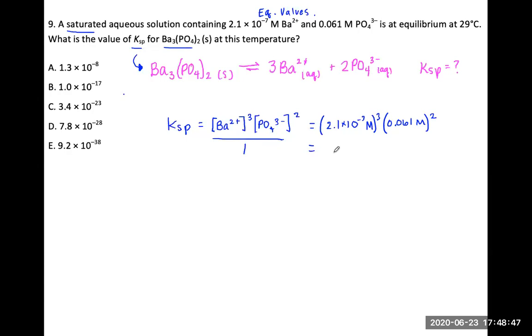So you want to be careful when you plug this in to get your order of operations in there carefully. And the number that you get out when you plug this in is 3.45 times 10 negative 23rd, which then matches up about to answer choice C.